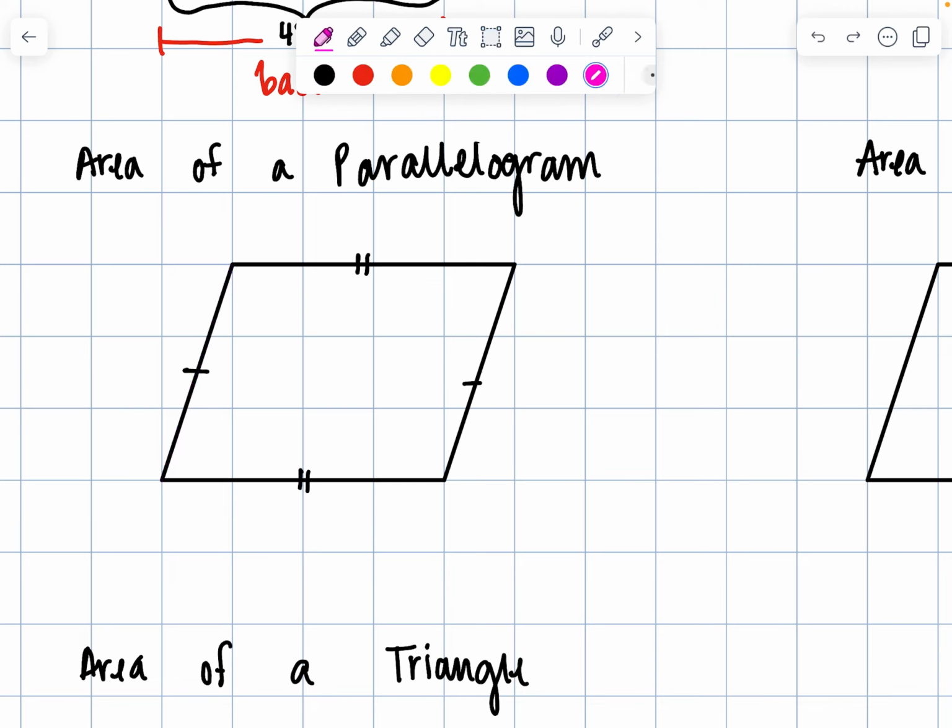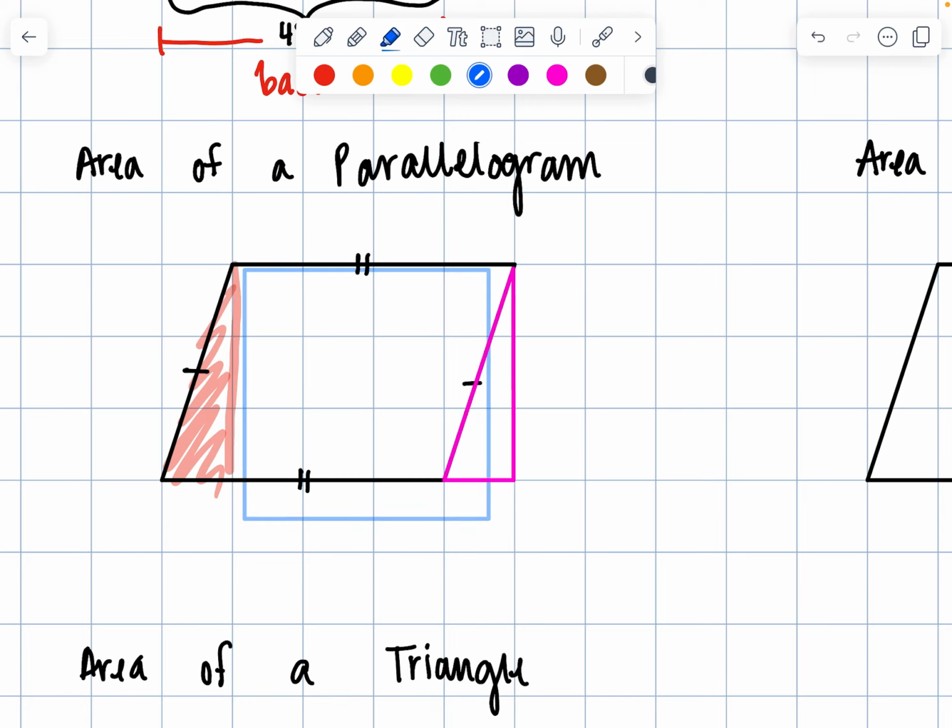Let's do that all in one piece. So I'm going to cut this out. And what happens when I cut this piece out and shift this all the way over to the right side? Well, if we pretend that this is chopped away, this is all gone, what shape is this now? In blue, a rectangle.